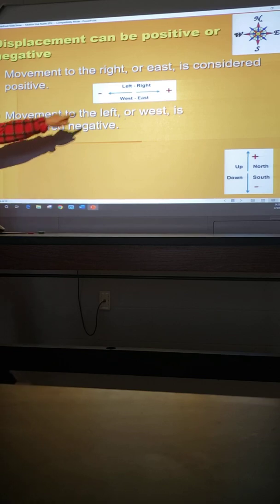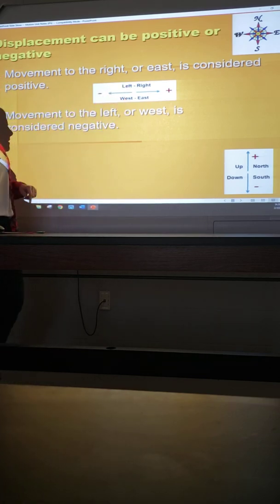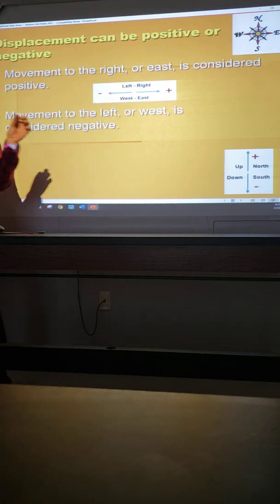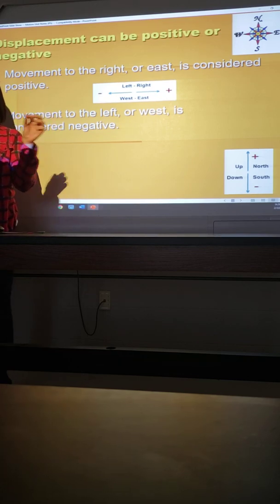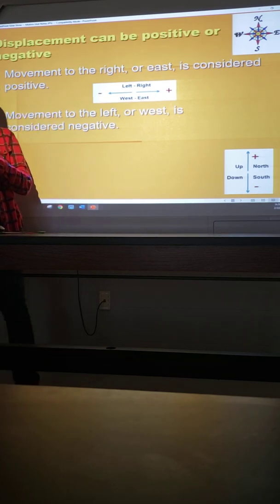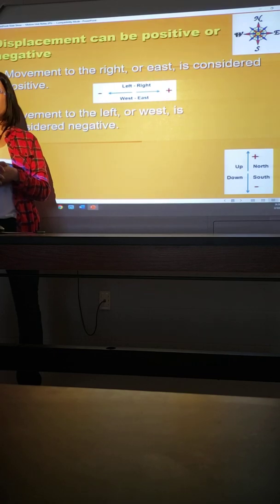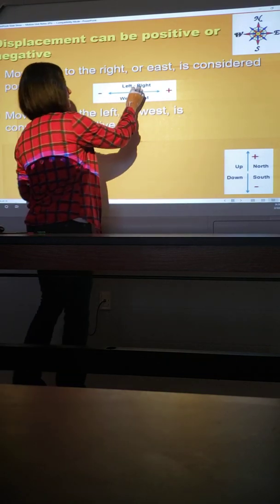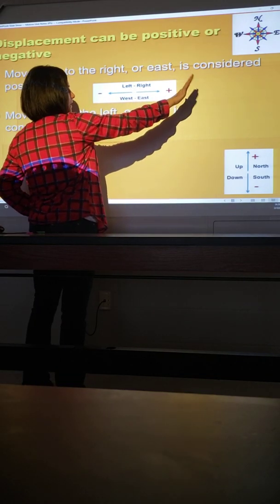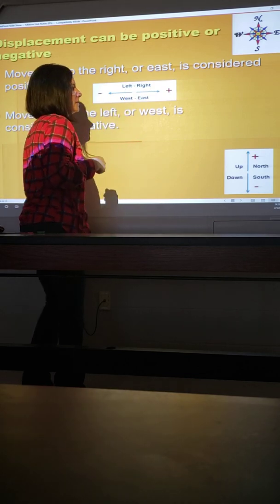Movement to the left or west is going to be considered negative. Think of a number line. Sorry, a little bit of math today. You know that pretty easily: if this is 0, anything to the right is positive, anything to the left is negative.